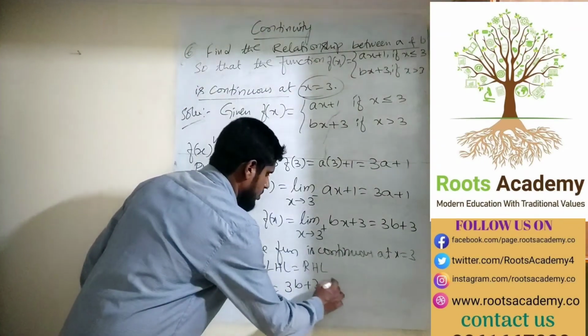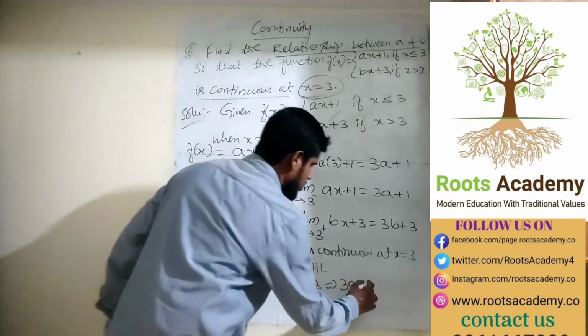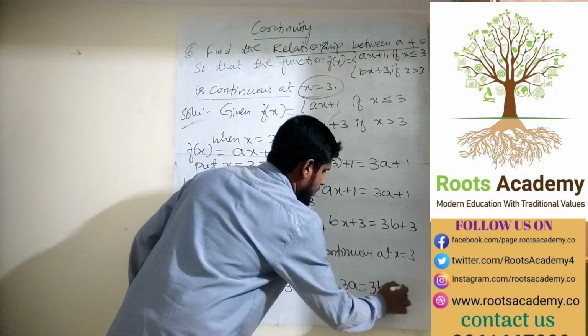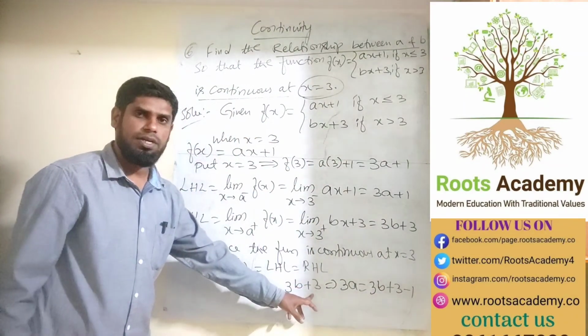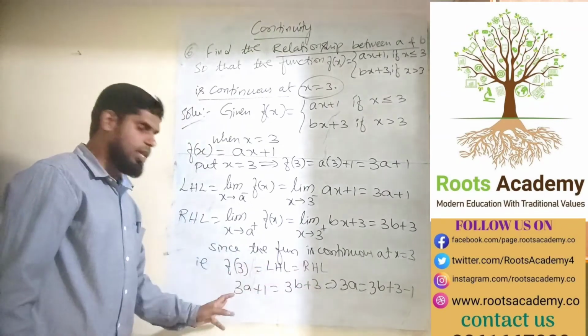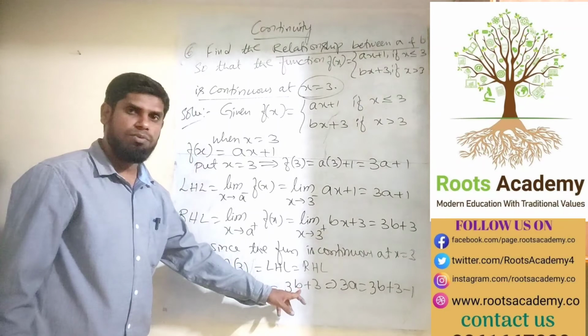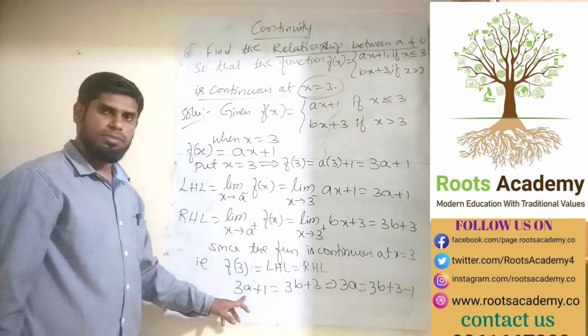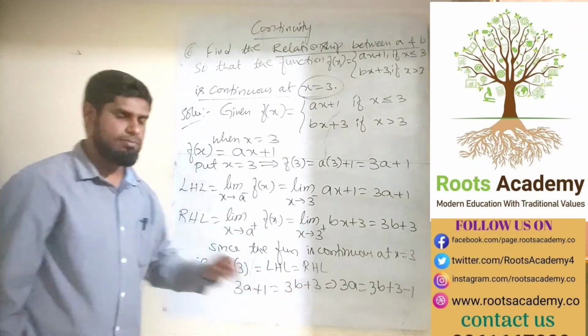So 3a equals 3b plus 3 minus 1. This plus 1 I shifted to the other side. If you want, you can shift plus 3 also, so you can find the b value. If you find the b value, you will get the answer in terms of a. Here I am finding the value of a in terms of b.